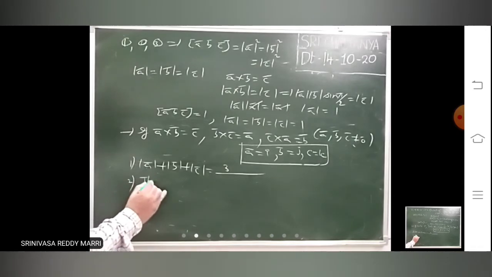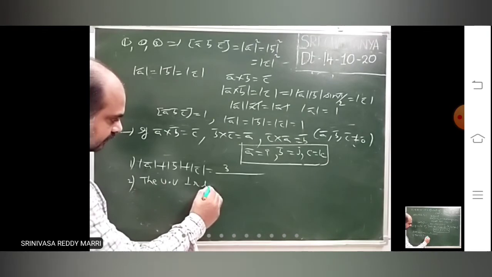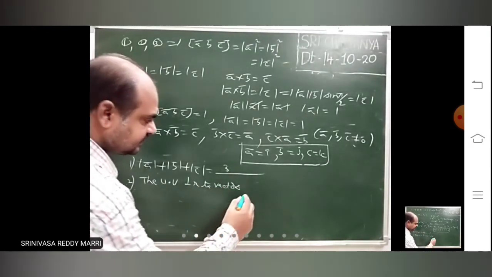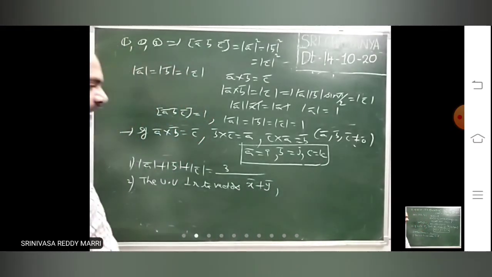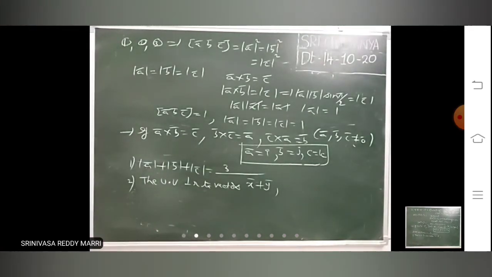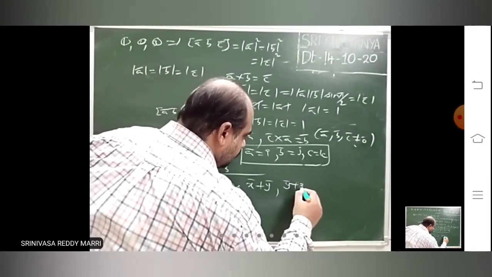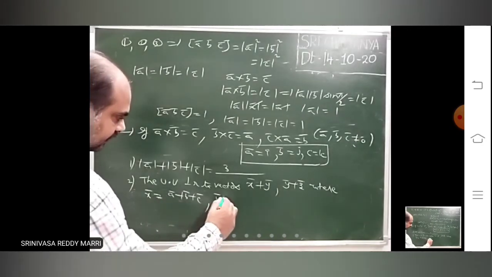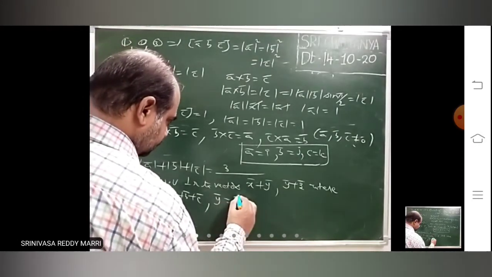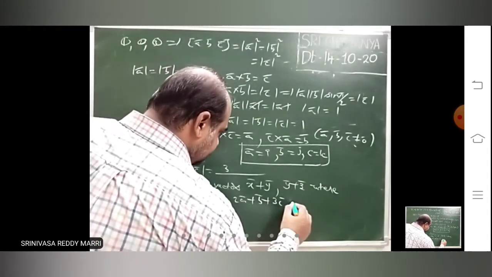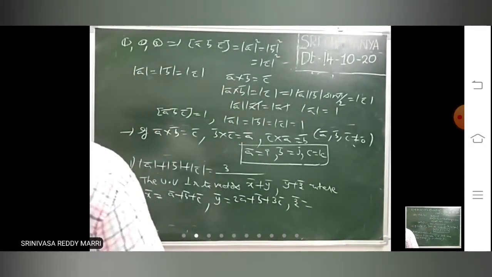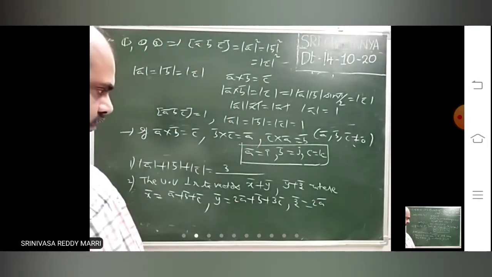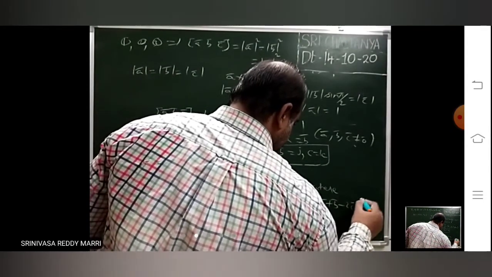Number 2, second question. The unit vector perpendicular to vectors x bar plus y bar, where x bar equals a bar plus b bar plus c bar, y bar equals 2a bar plus b bar plus 3c bar, z bar equals 2a bar plus b bar minus 2c bar.